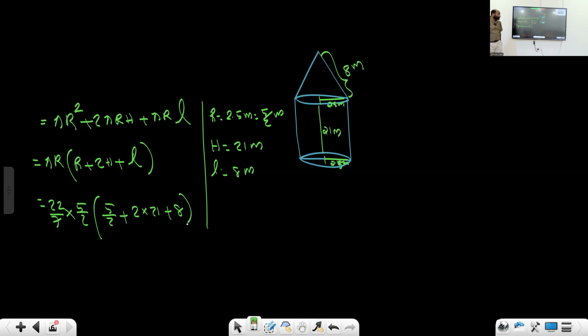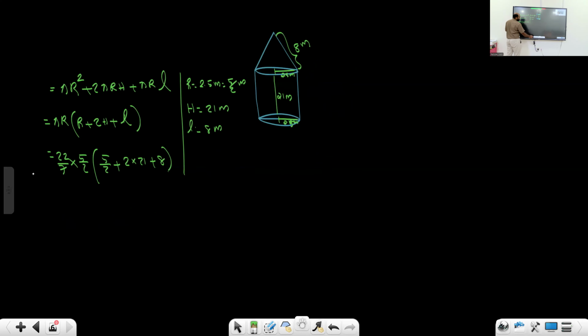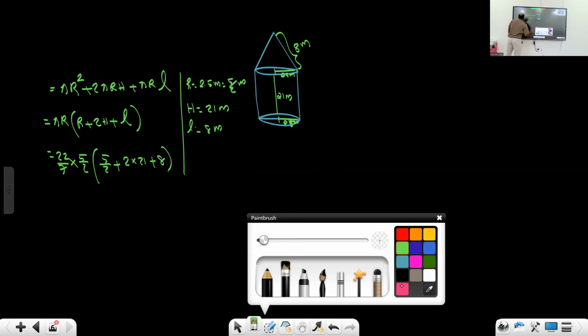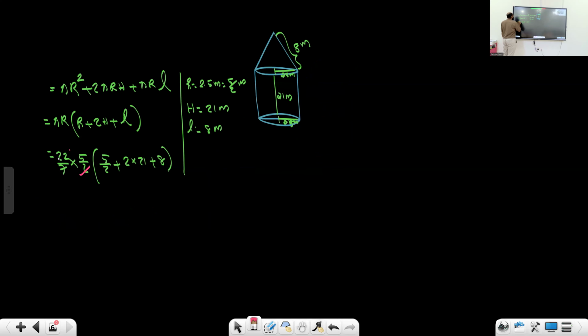Pi, any restriction there? It gets cancelled, don't worry. Cancellation, this and this, 11. 55 by 7. How much do we have to multiply here up and down? 2. Why are we multiplying up and down by 2?